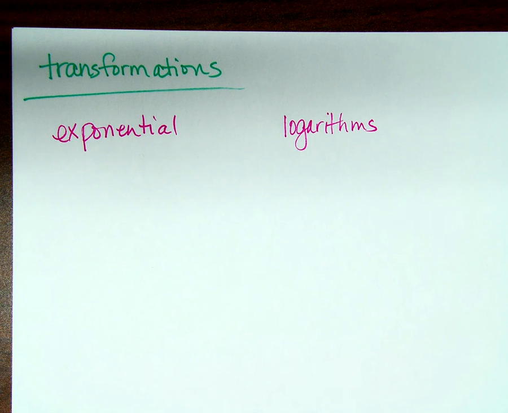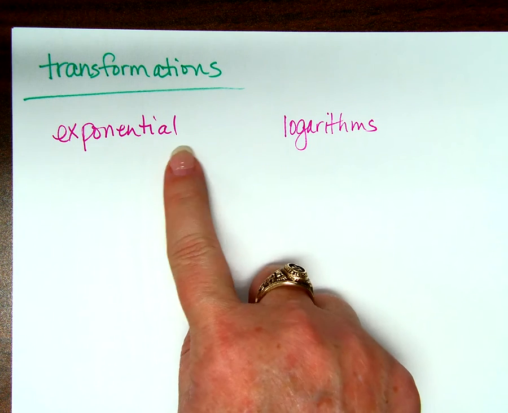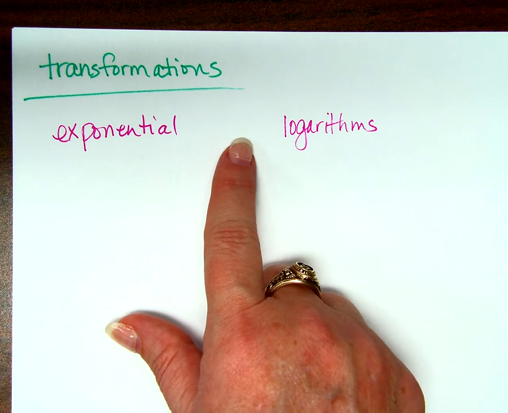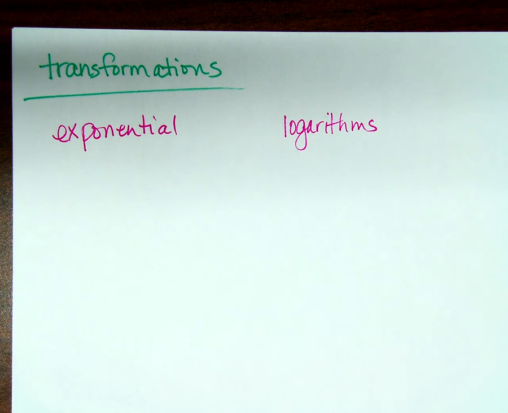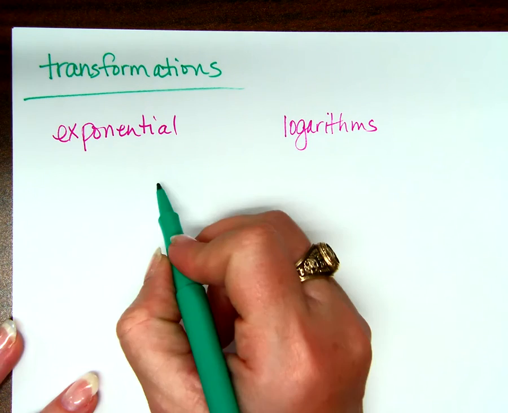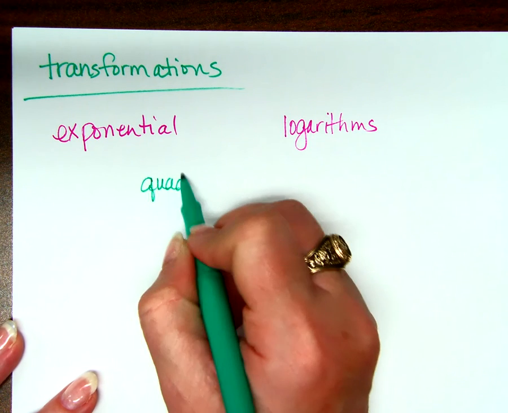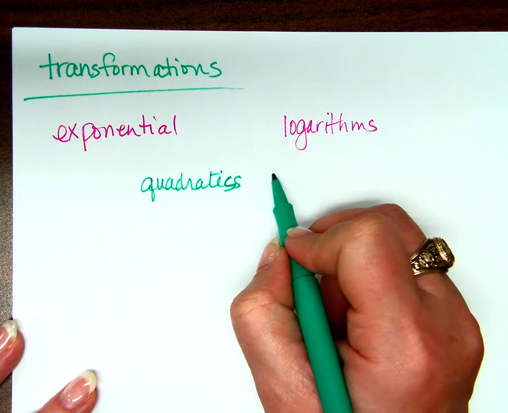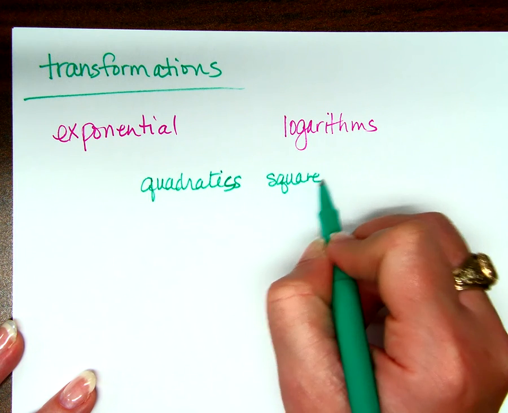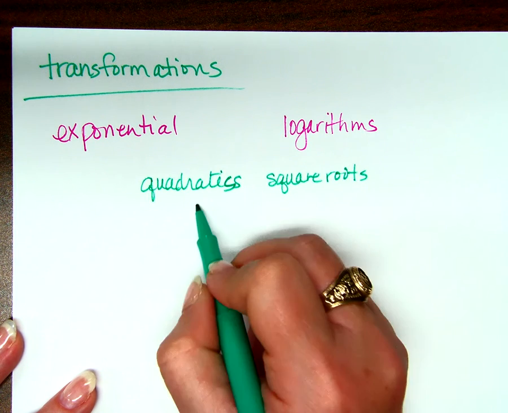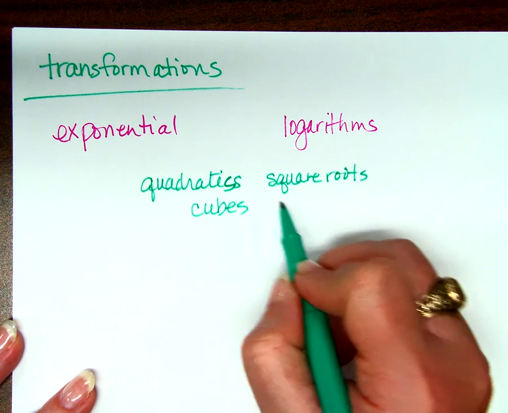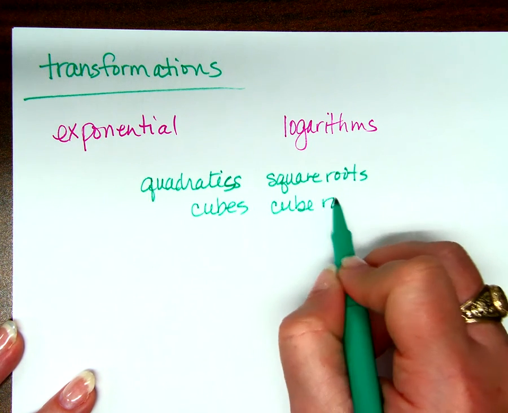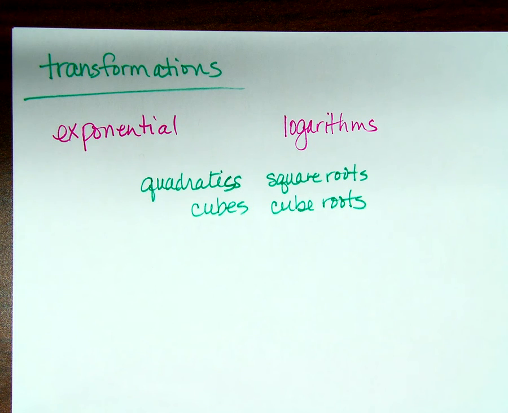Okay? So, but what I want you to know before we even start is that these 2 things are related. They're related like quadratics and square roots. They're related like cubes and cube roots. So can you tell me the relationship? They are. Absolutely.